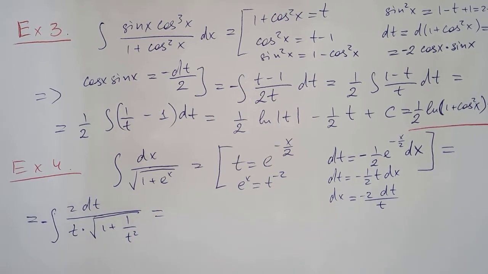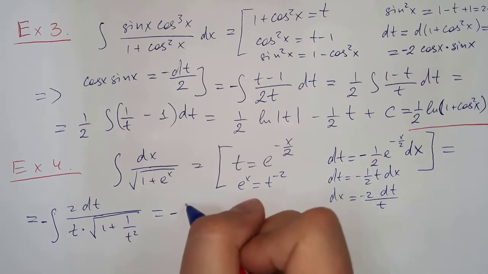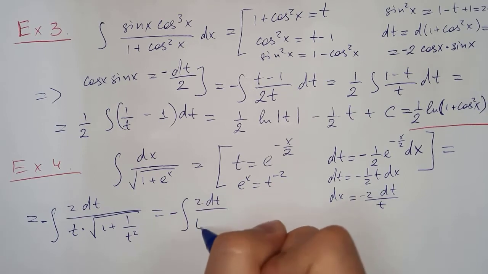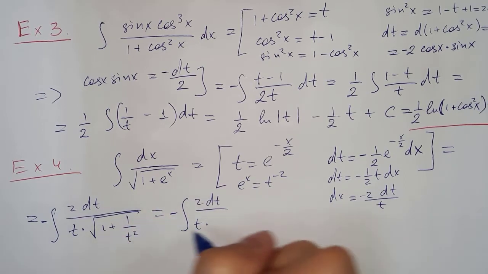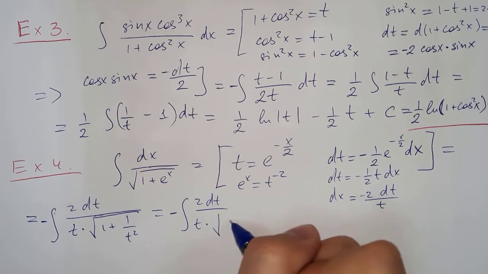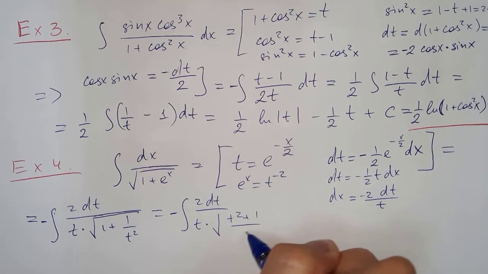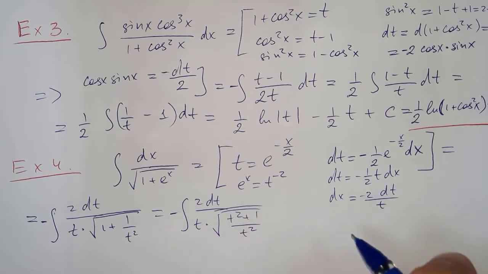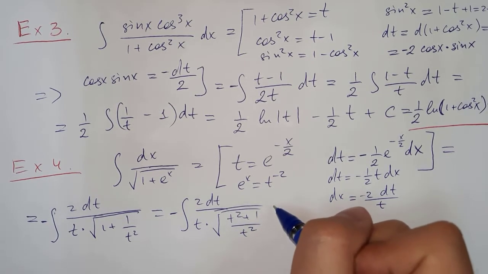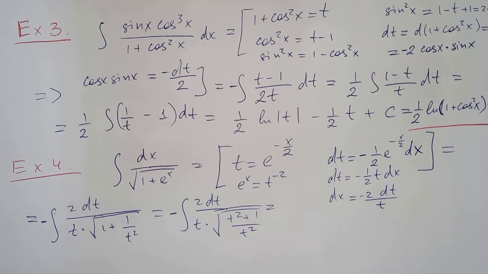Let's continue. Minus the integral of 2 dt over t times the square root of t squared plus 1 over t squared, and when we take the square root from t squared, we get just t, yes?